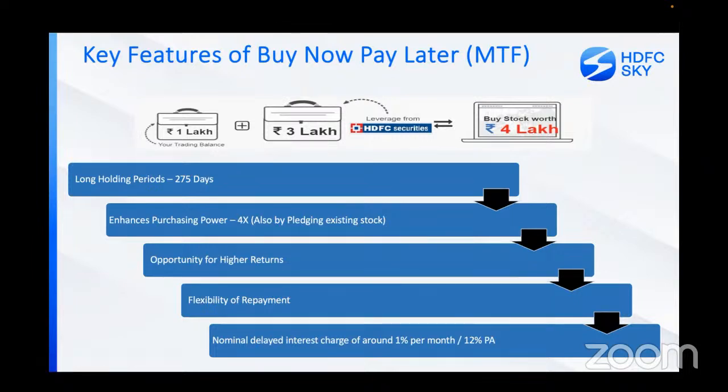MRF is trading at, let's assume, 1 lakh. You want to buy 4 shares of MRF, so for that you will require 4 lakh rupees. However, if you have only 1 lakh, the other 3 lakhs would be given by the broker, in this case HDFC Sky, and you will be able to buy the entire 4 stocks. So whatever profits you gain would be on the entire 4 lakh rupees, and vice versa.